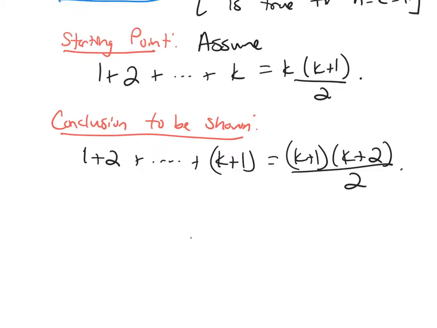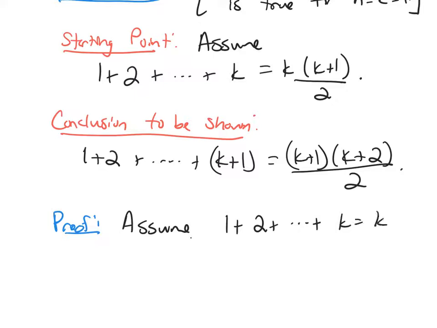And so now we're going to write the whole proof for this part. Starting with our starting point, assume 1 + 2 + ... + k equals k(k+1) over 2.